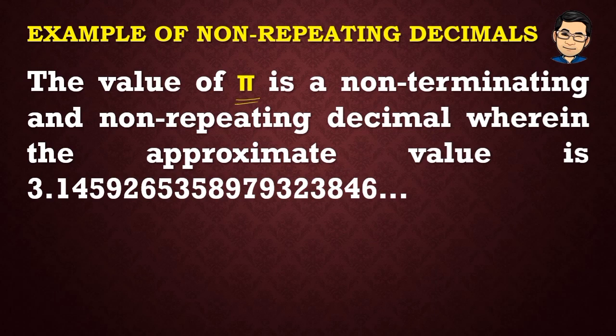So, non-terminating and non-repeating siya kasi kung makikita nyo, wala namang particular digits na umuulit. Okay. So, kapag may mga umuulit yan, pwede nating sabihin na repeating decimal. Depende rin naman kung meron siyang 3 consecutive dots na nakalagay. So, dito, dahil nakalagay ang 3 consecutive dots dito, marami pa kasing kasunod na number.